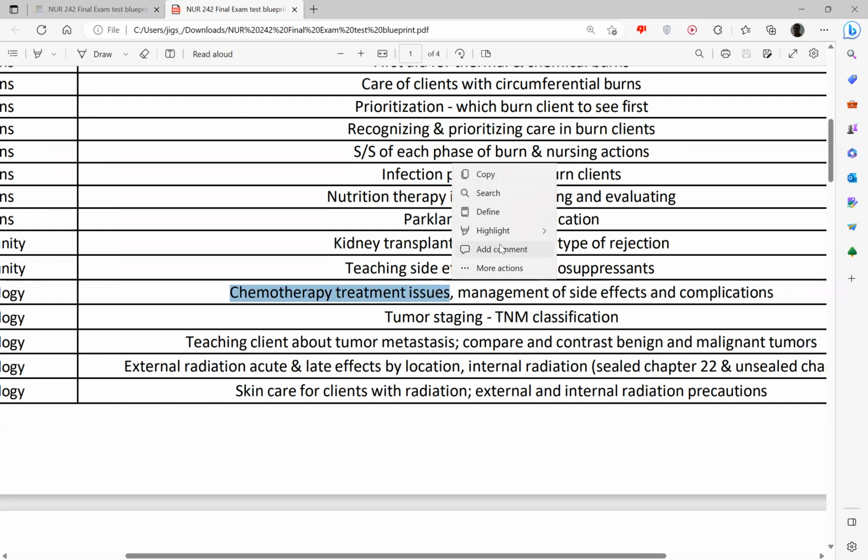So during nadir, what will the patient develop? Anemia. Okay, all right. So between the three, which one is most crucial? Neutropenia. Okay, neutropenia is the most crucial.